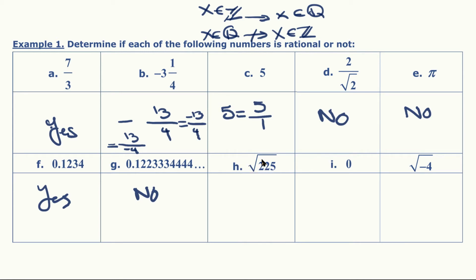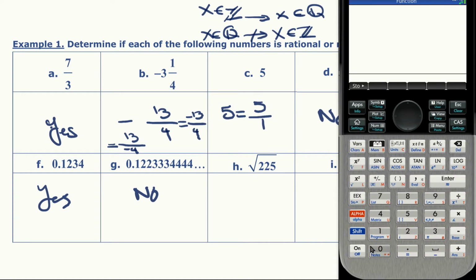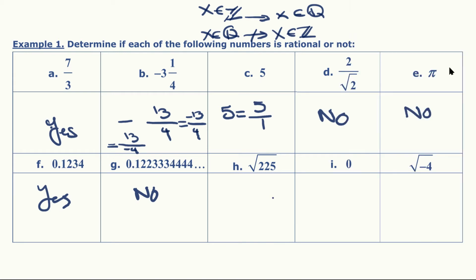Now, if you recall, if you take 15 and square it, you'll get 225 in fact. So be very careful. Just because you see a radical, don't automatically assume that you have an irrational number. Because remember, square root of 225 equals 15.